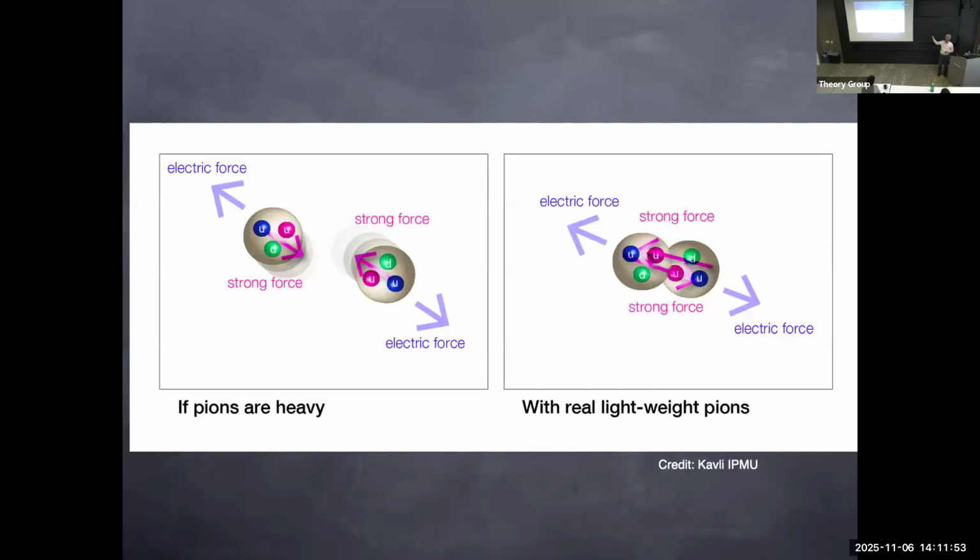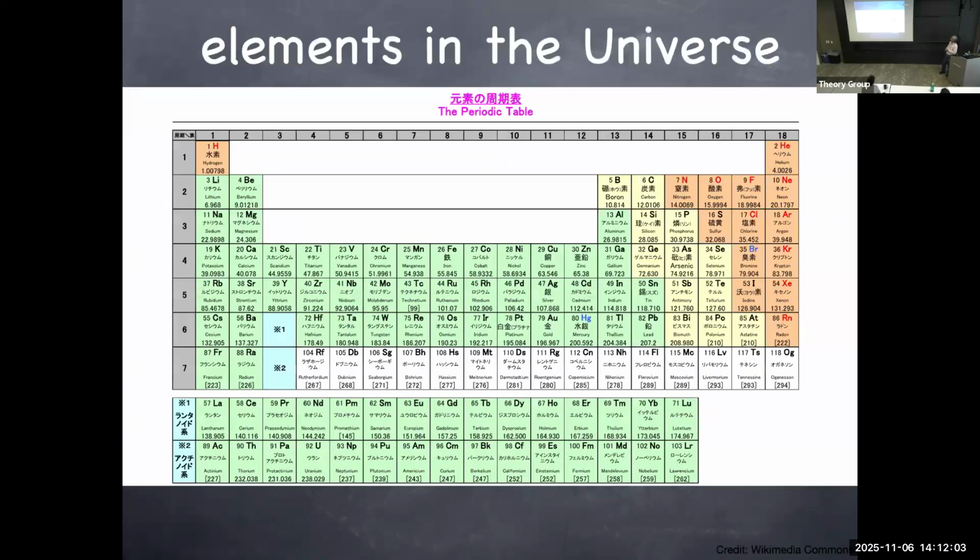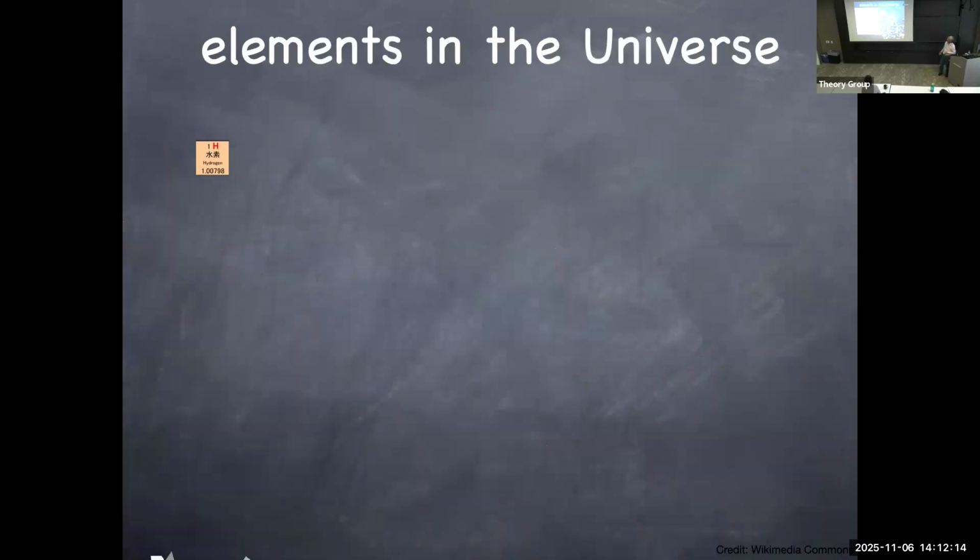Pion needs to be light enough so that the pion exchange reaches the next nucleon inside the nucleus, so they can actually be bound together to form nuclei. If the pion were heavier, this entire periodic table we rely on for our existence would totally disappear, and the universe would be made only of hydrogen because there would be no nuclei. So the lightness of pion is really, really important for us to exist.